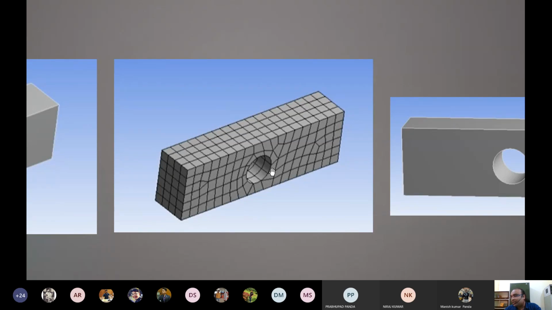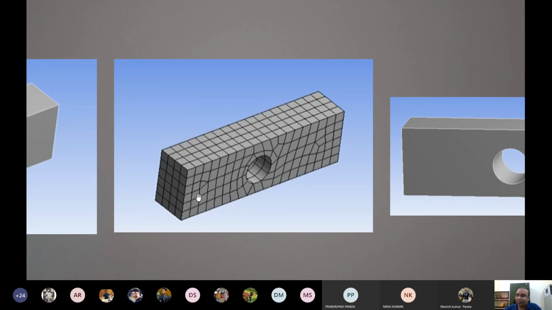And that's why, if you see these elements inside, these are second degree elements, because these are curved elements in this part. The elements touching this center circle will be second order elements, while the others may be only first order three-dimensional elements.